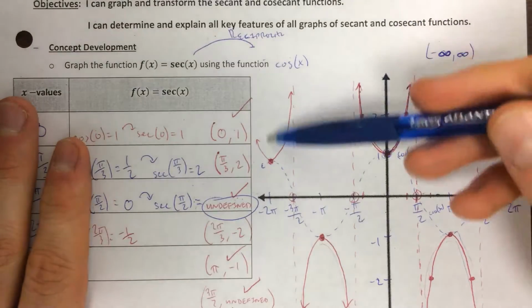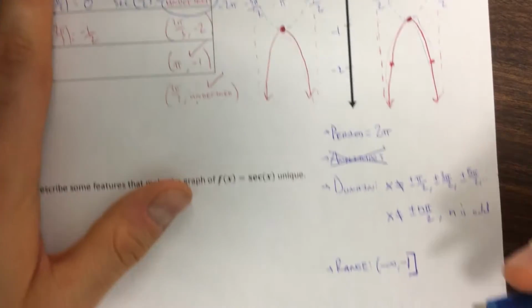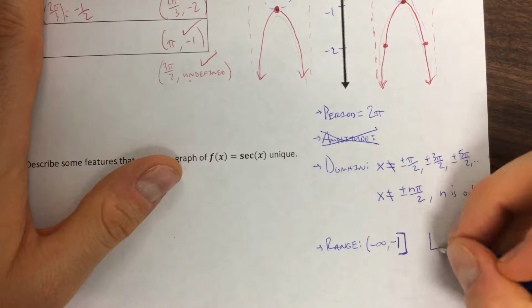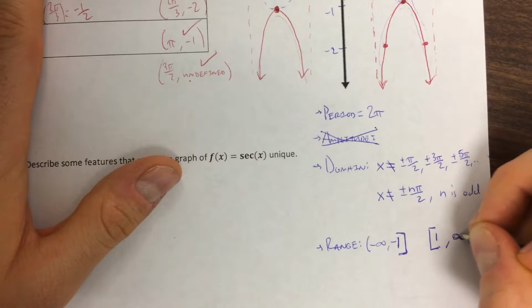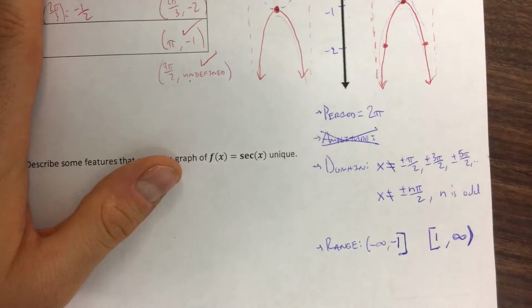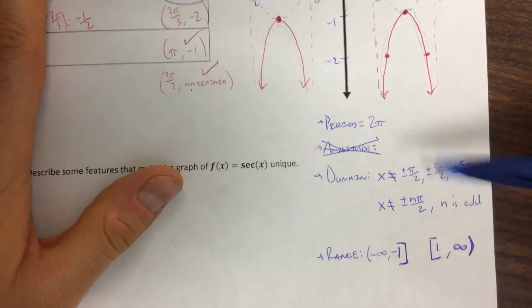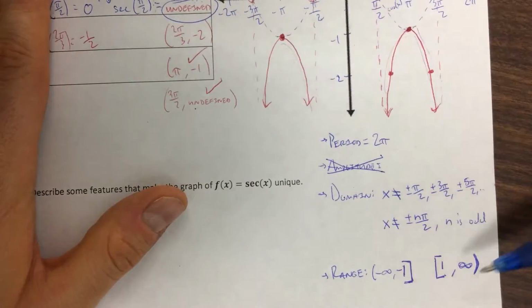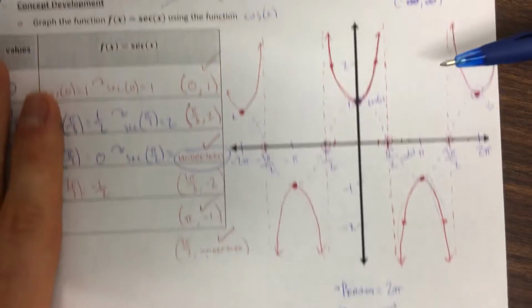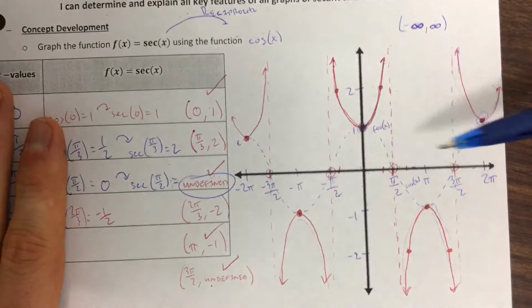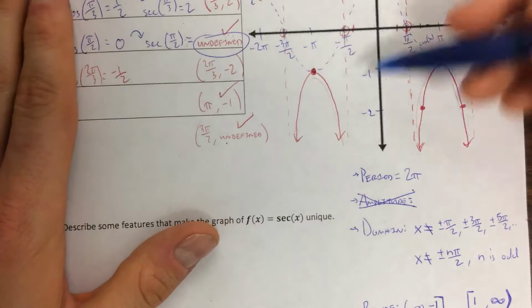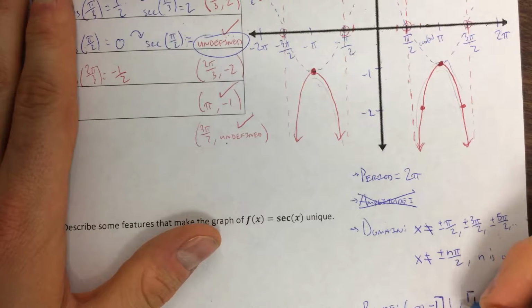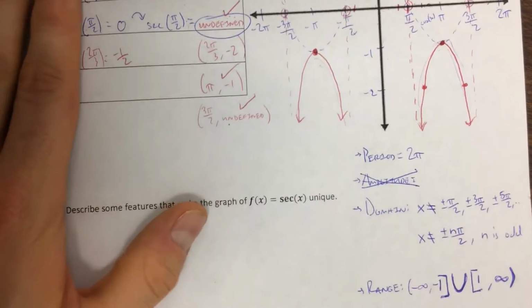So to take care of this part of our graph, we will also say from 1, because it touches 1, to positive infinity. Okay, so this takes care of the lower part of our graph. This part of our range takes care of the upper part of our graph. And we take what we call the union of these two things, and so we say the union.